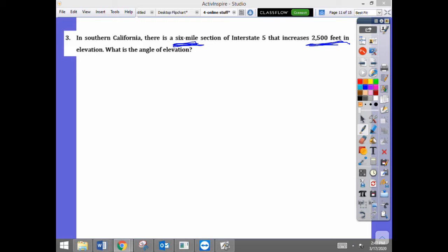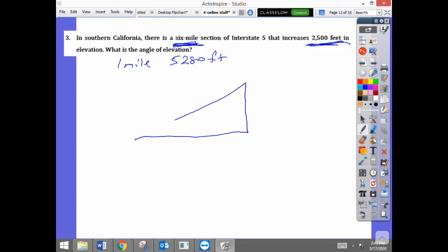Feet in a mile. There is, so 1 mile is the same as 5,280 feet. So what's our triangle going to look like? Well, we're going to have a right triangle. It increases in elevation 250 feet. So this side going up right here is going to be 250 feet.